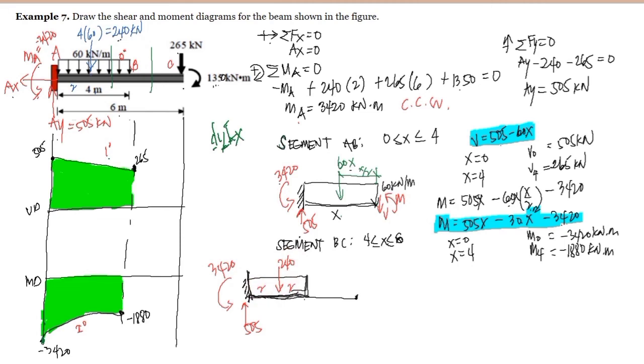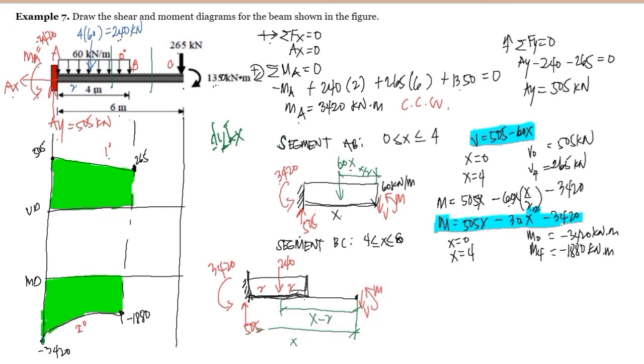And at the section, we have here x, and the location of the resultant of this load can be found at x minus 2. Of course, we expose here the shear and the moment.